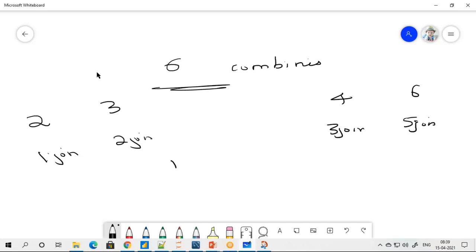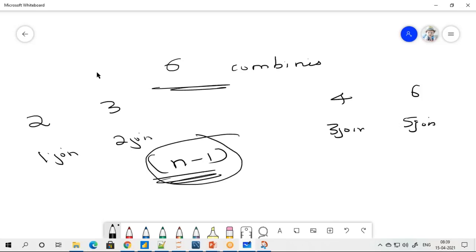What is the formula? n minus 1. They will ask this: how many joins are required to join 6 tables? You have to tell 5. They will ask you how. You have to tell there is a standard formula, n minus 1. That means n is the number of tables. If 2 tables are there, 1 join. If 6 tables are there, 6 minus 1, 5 joins.